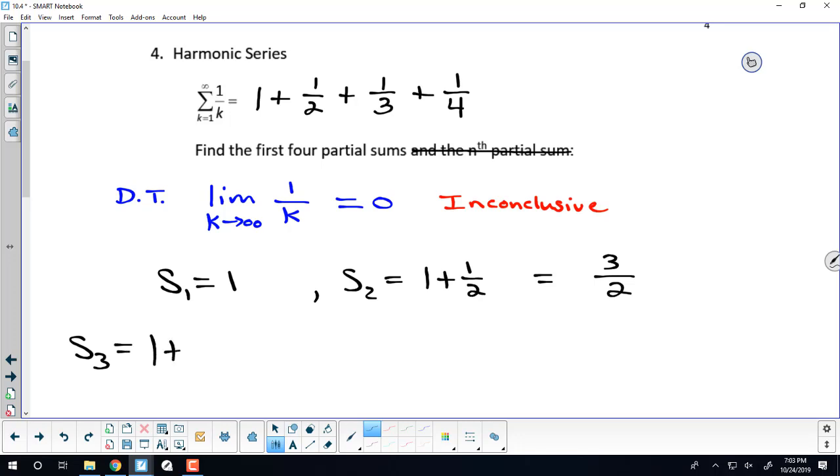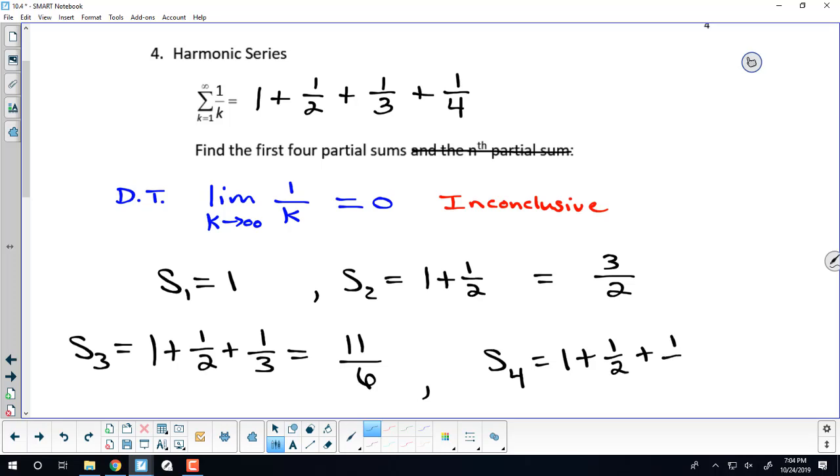Third, 1 plus a half plus a third. What is that? That's 11 sixths. And fourth, 25 twelfths.